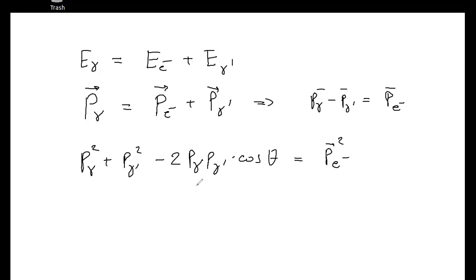I don't really want to go into details because that will be too much for me. But you can see from this equation that this is where cos theta comes in.